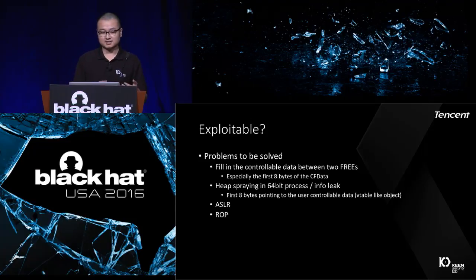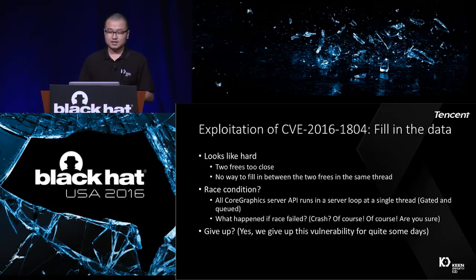And there are also other things like ASLR and ROP. It looks very hard to exploit because the two frees are very close to each other. There is less time window. And another thing is that all Core Graphics APIs actually run in a single thread in a server loop, so you cannot use any of those Core Graphics APIs to fill in the data.